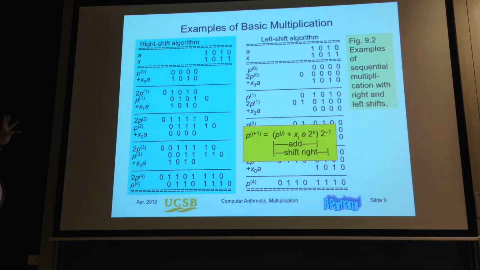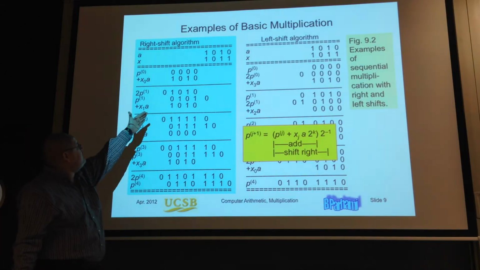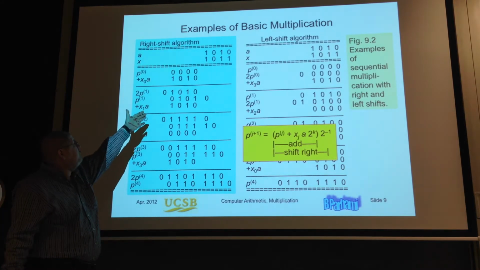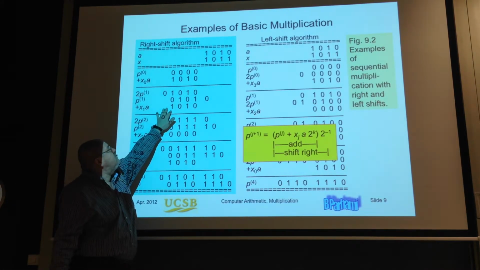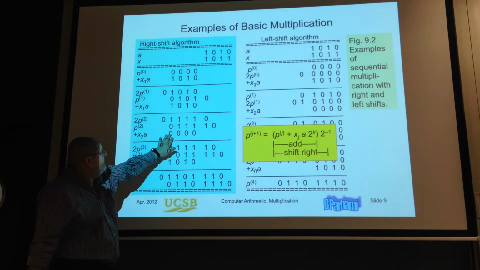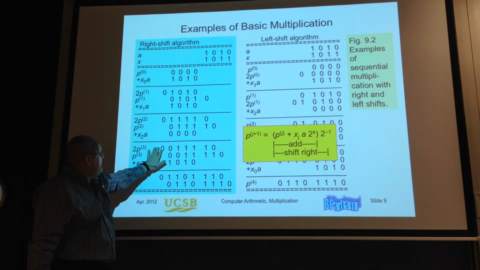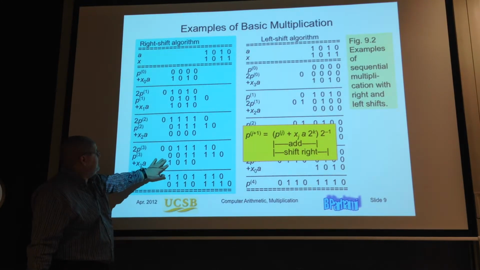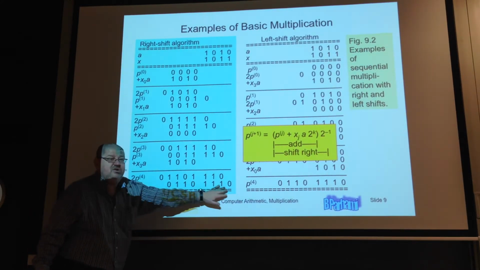Here, both of them are unsigned numbers. If I had to deal with signed numbers, I would have to sign extend. Then I'm at the next iteration. This is my previous accumulation. Now this is the new one, because it's one, result, shift. Now I add a 0, result, shift. I add another one, result, shift, and I'm done.